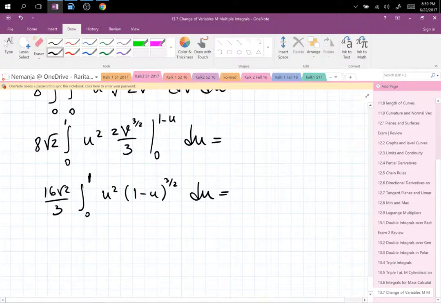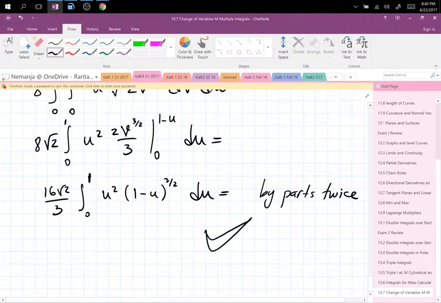What about on the test? Is there any other way we can do this easily without using by parts? I mean, FOIL in the u squared. You have to do this by parts twice. And obviously, what else you're going to do is just do it at home.